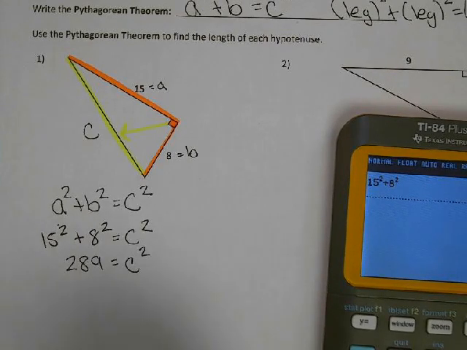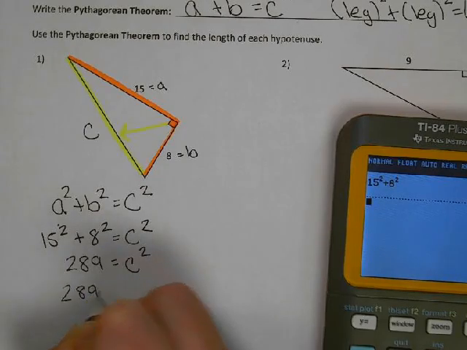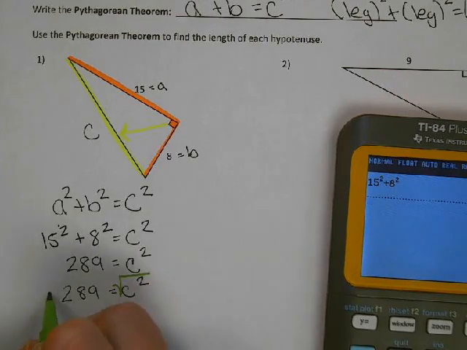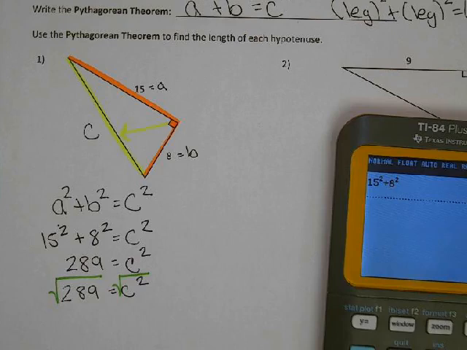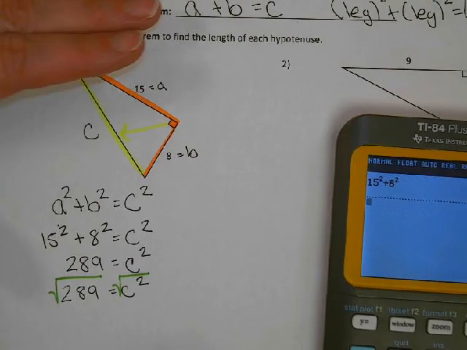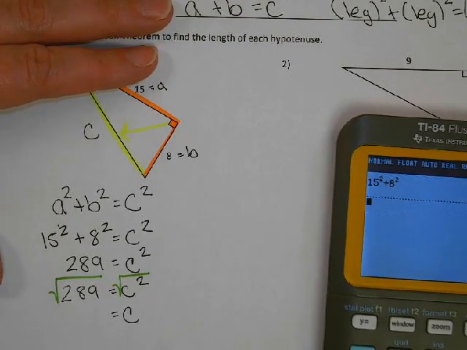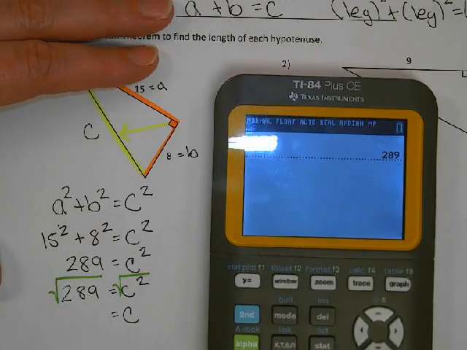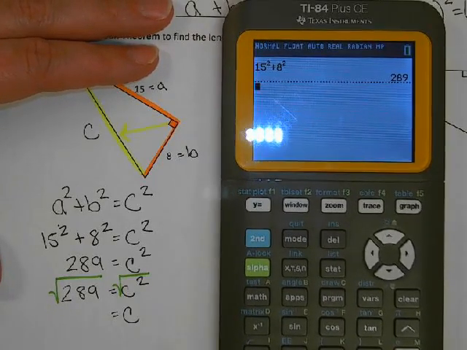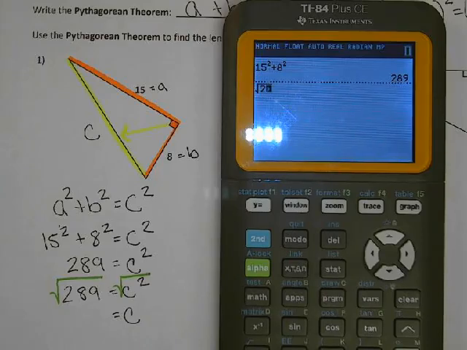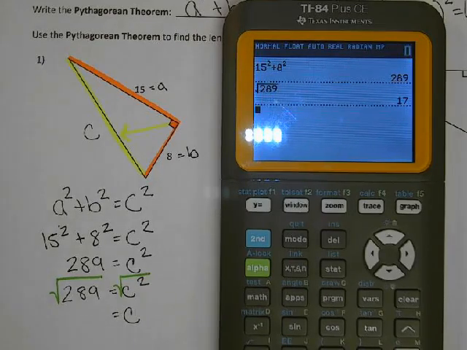So we can take the square root of both sides. What does the square root mean? It's asking what number times itself gives you 289. Okay, so we push the blue key, x squared, and we can type in 289, and we get 17.